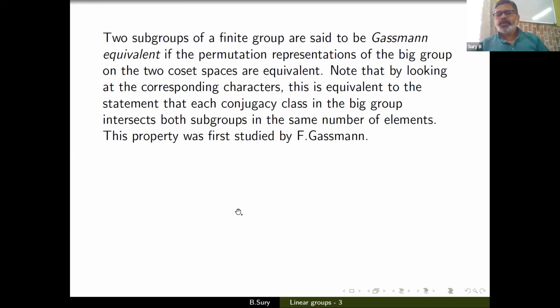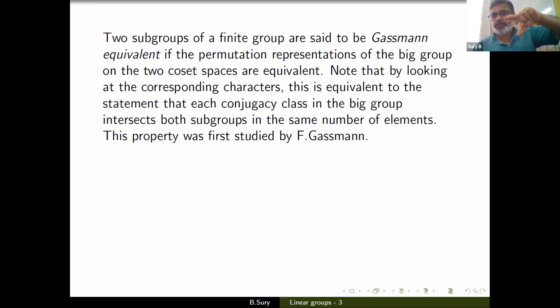So what I'm saying is, take a finite group G. You have two subgroups H1 and H2. Now G has natural representations. One is, of course, acting on itself by left multiplication. Another is when you are given a subgroup H1: look at the left cosets of H1 in G. You can multiply the left cosets by elements of G, right? So G is acting on G/H1, the set of left cosets.